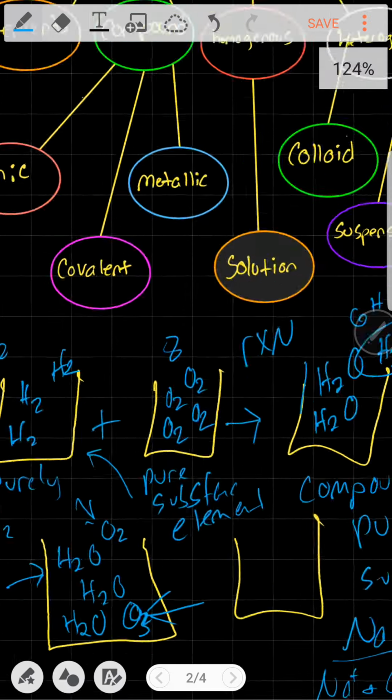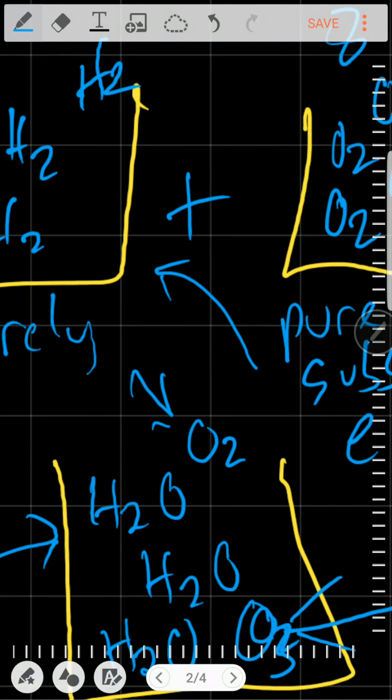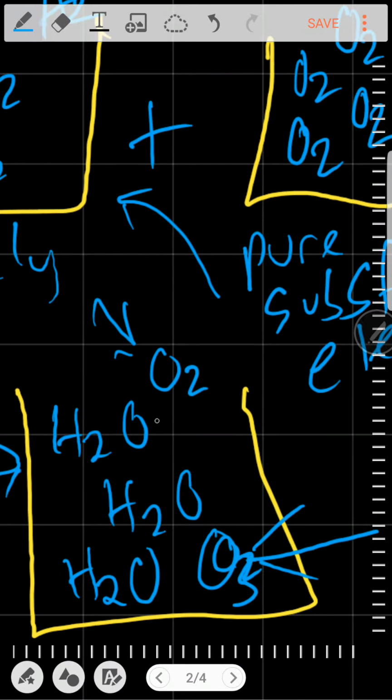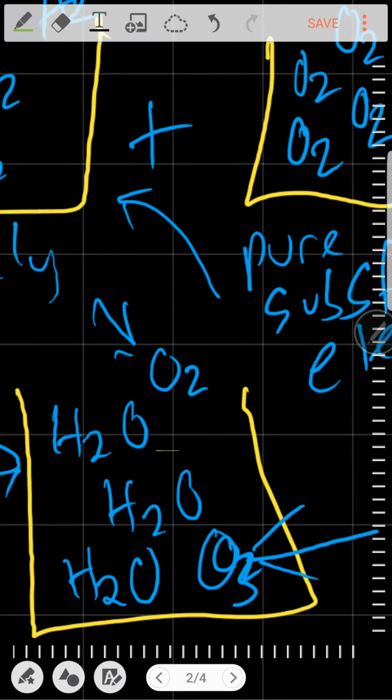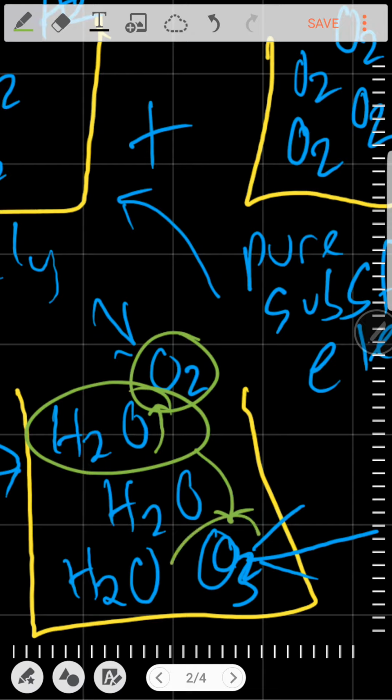So you come back over here, and you see how this O2 is kind of off to the side over here. This O2 is separated from this hydrogen, and I have this O3 that's kind of hanging out over here. And so I have three different species, if you will, of compounds or groups here. I have an oxygen, an ozone, and a water.